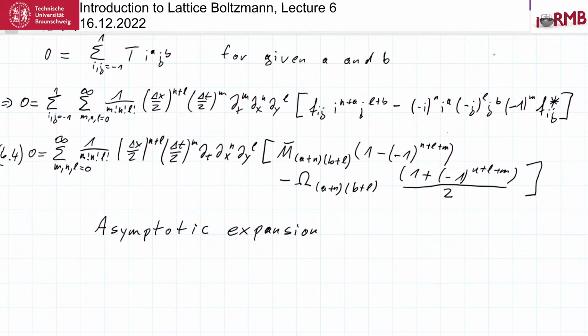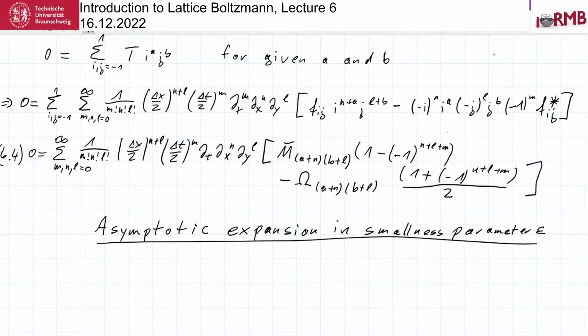The asymptotic expansion is in a smallness parameter, which we usually call epsilon, because we are more like physicists. If you talk to a mathematician, they will usually call this thing h. In both cases, it is a generic smallness parameter.